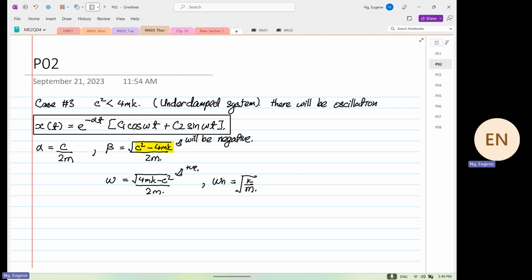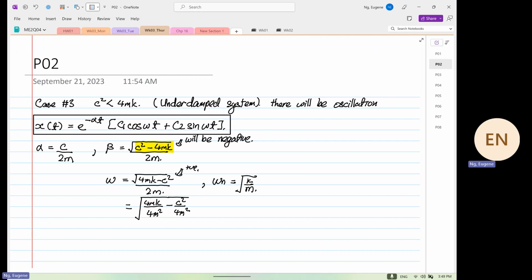To adjust this formula, we are going to have 4mk over 4m squared minus c squared over 4m squared.